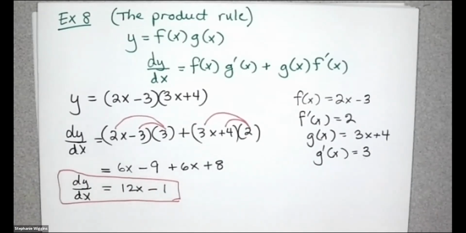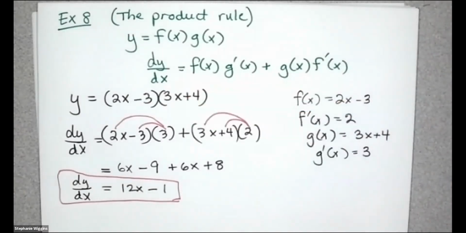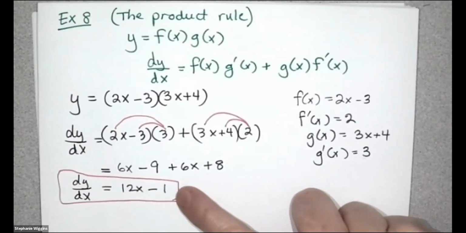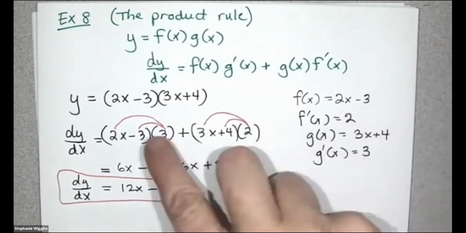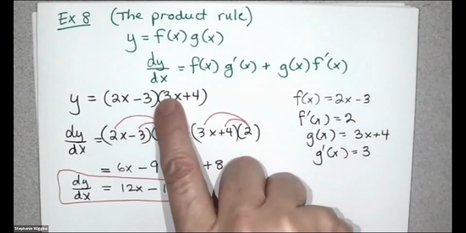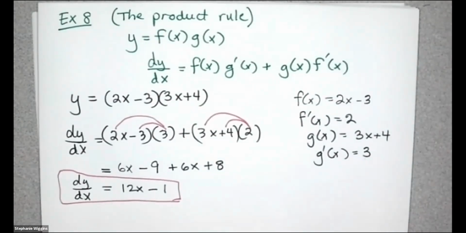Now, in your homework, when you get into problems like this, it'll ask you to do it 2 different ways. There are a lot of times with derivatives where you can do it more than one way. So just to verify that this is in fact the derivative, let's calculate the derivative instead of using the product rule. Let's just multiply this first and then apply the power rule and the sum and difference rules.